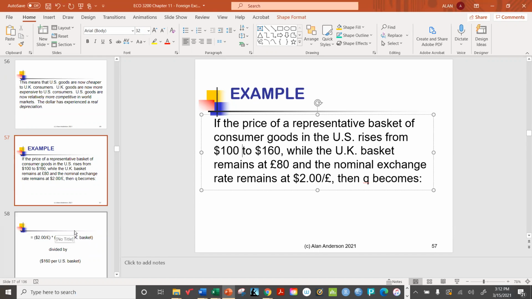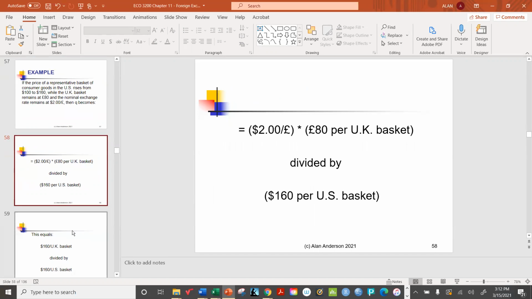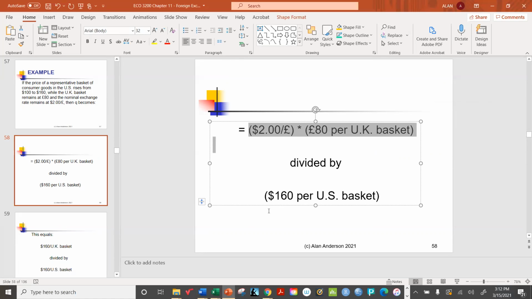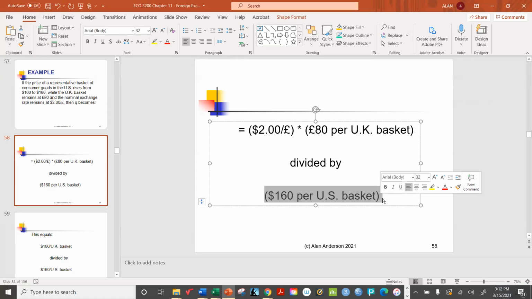Well, let's find out. So we've got $2 per pound. So this hasn't changed, but here's what's different. We're dividing now by a larger denominator. And so if you look at this ratio carefully, you'll see the numerator is now $160 per US basket.